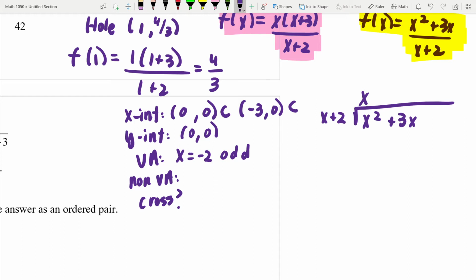X. Distribute x to the second plus 2x. Change my signs. First things cancel. 3x minus 2x is a 1x. There's nothing more to bring down. The x is my remainder. The non-vertical asymptote is y equals x.